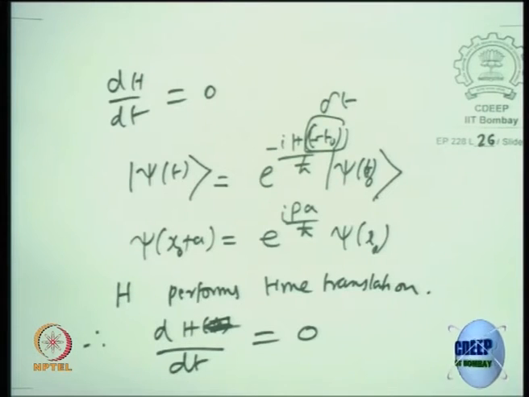So for every symmetry, the question is, will it be associated with a generator? For continuous transformations, not for parity. Parity is x goes to minus x. You can't write some generator for it. Some discrete transformation you don't have.